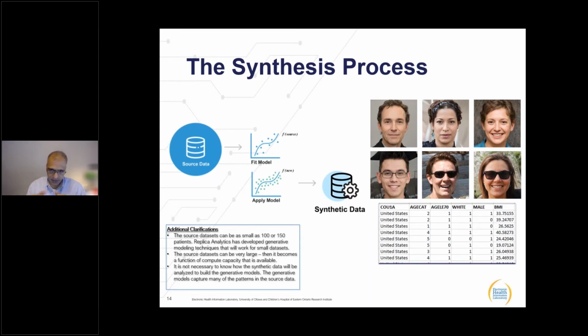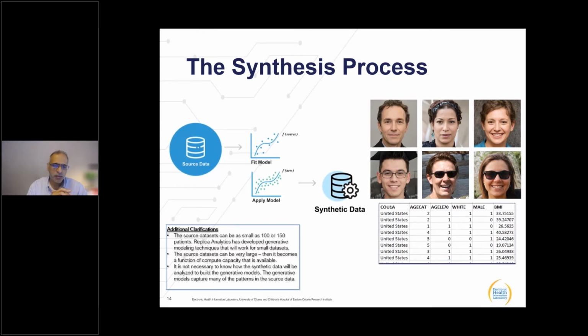You have seen synthetic data before. These examples on the right-hand side here are synthetic images of people. These are not real people. These are people generated from generative models that have been trained on images of real people, and then it generates images of fake people that look quite realistic in practice.